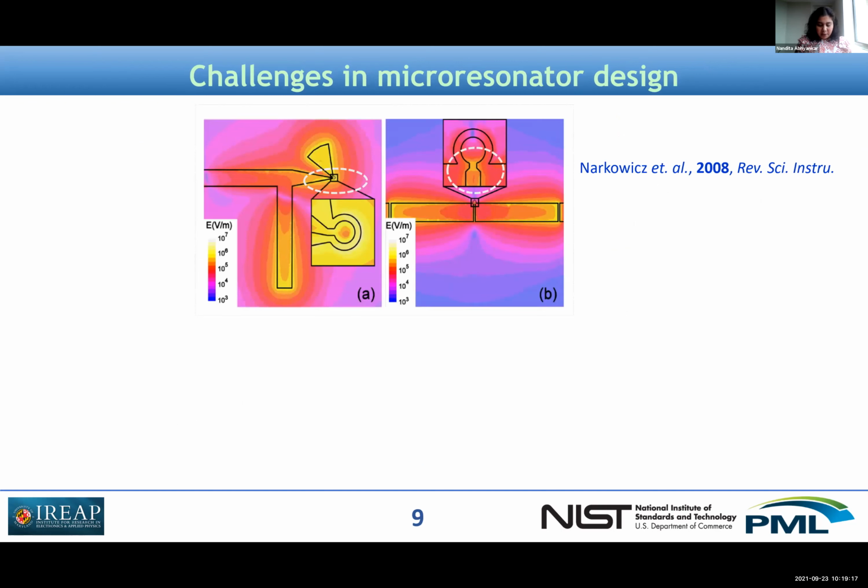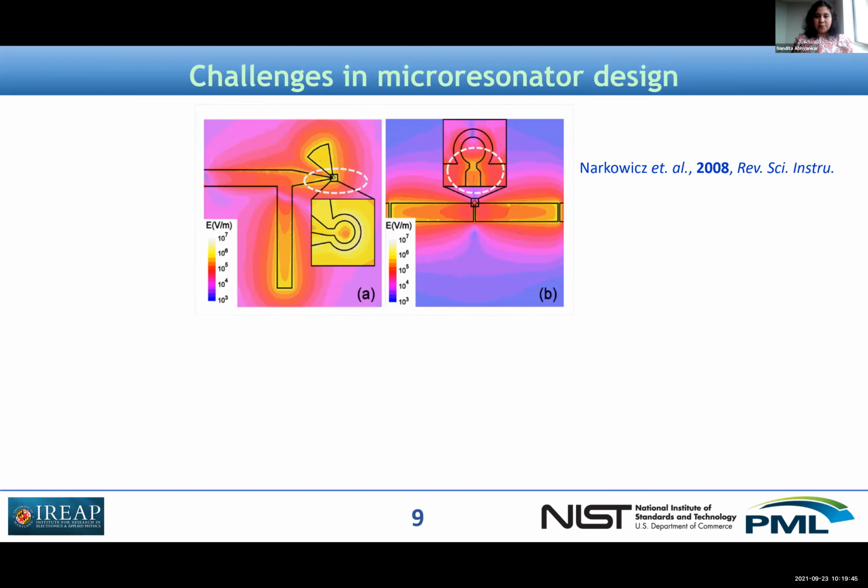So let's get familiar with the main problem in microresonators, which is the radiating electric dipole. This is an omega type resonator. It has that loop, if you can see in figure B. What I have highlighted is the capacitive gap that's next to the loop, and you can see that the electric field is concentrated in that capacitive gap.